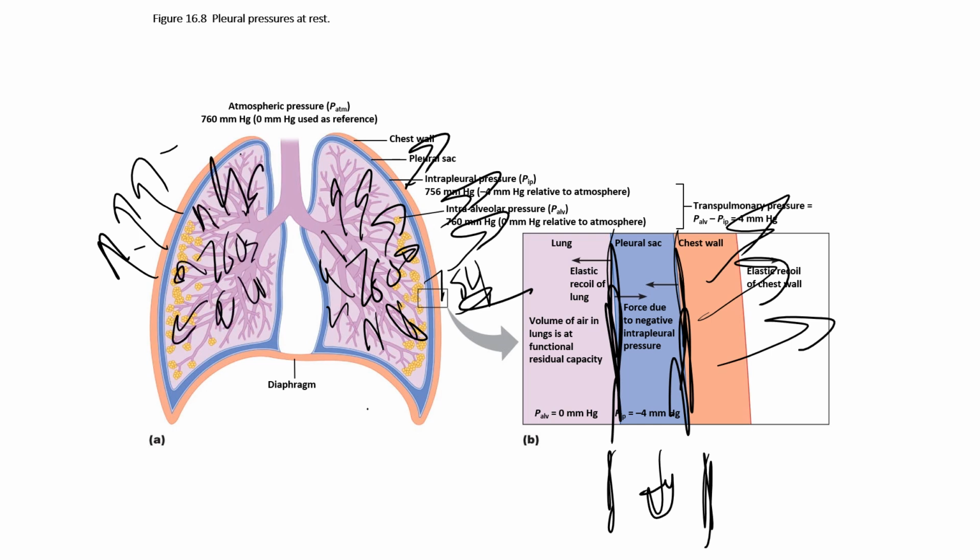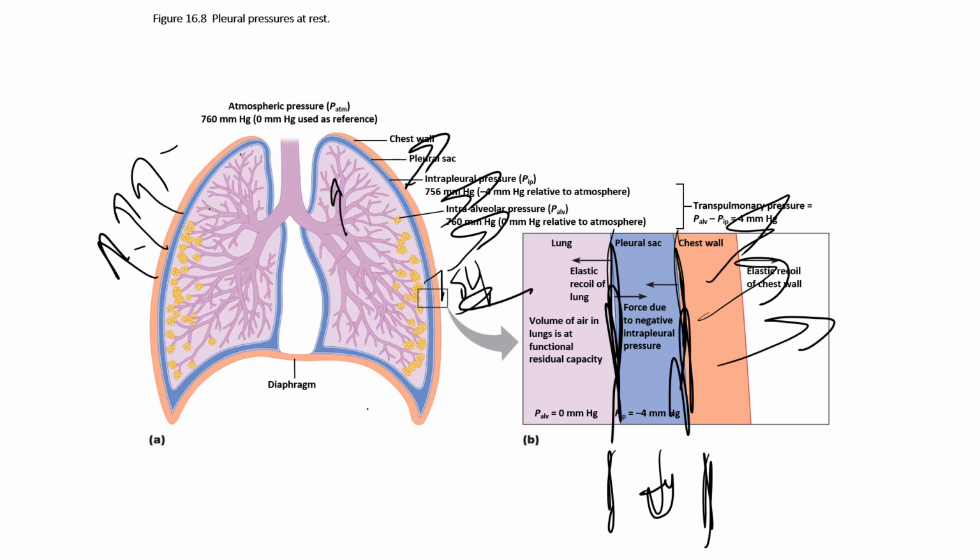What does that do? It causes the lungs to expand, particularly the alveoli. And as the lungs and the alveoli expand, that increases the volume of the lungs, increases the volume of the alveoli, and that drives down the air pressure in the lungs. That drives down intra-alveolar pressure from 760, in my example, to 758.